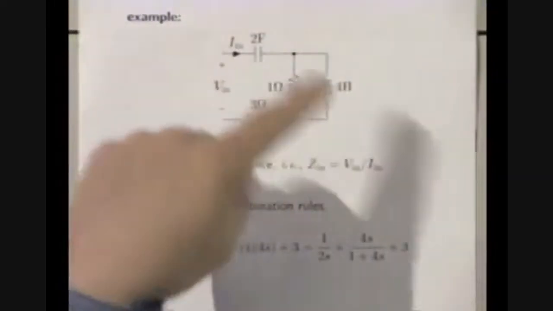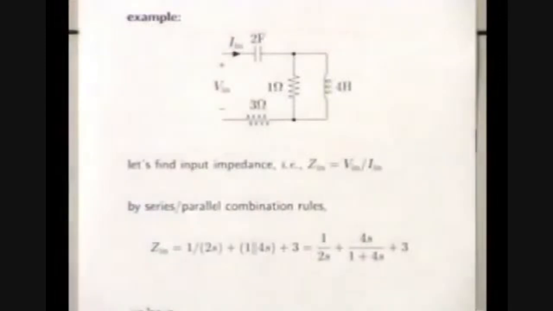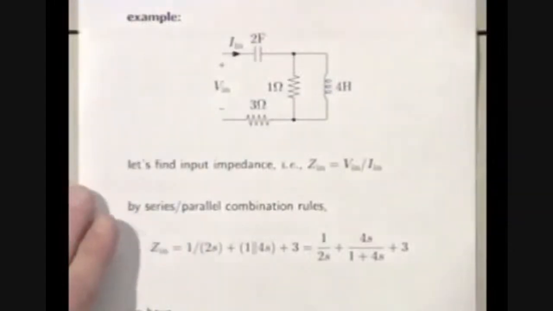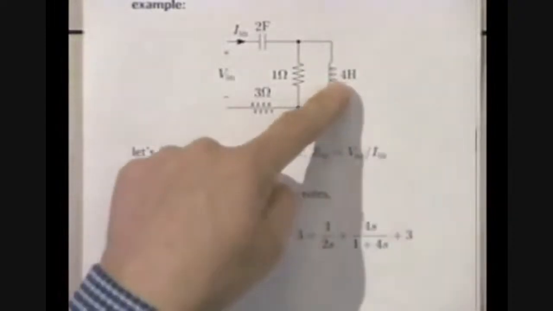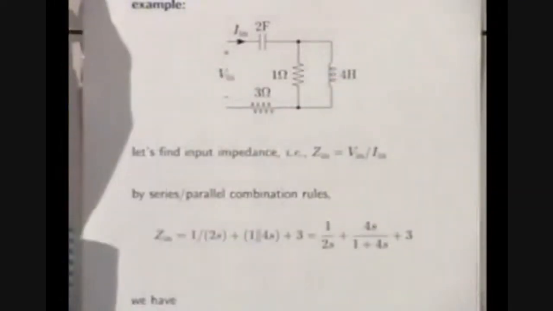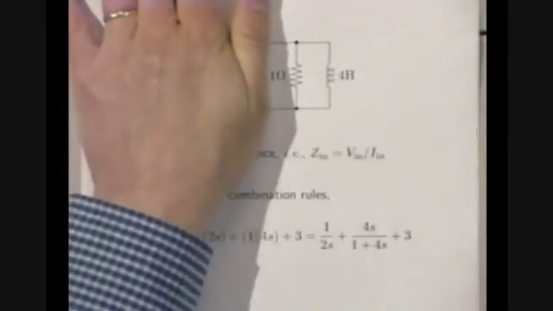So here, how do you do this? Well, first of all, this thing is just described by a not small set of algebraic and differential equations relating voltages, branch currents, nodes, all sorts of things. But this might as well be 101. We just replace this with 4S, and the impedance of this element here is the product of the impedances divided by the sum. It's 4S divided by 1 plus 4S.